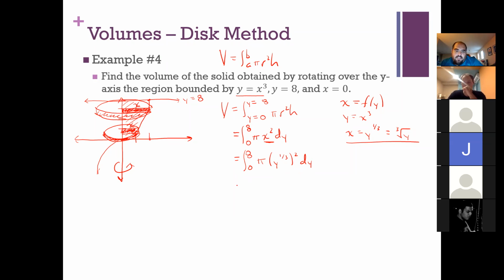All right, so let's go ahead and keep computing here. So integral from 0 to 8 of pi times y to the 2/3 dy.